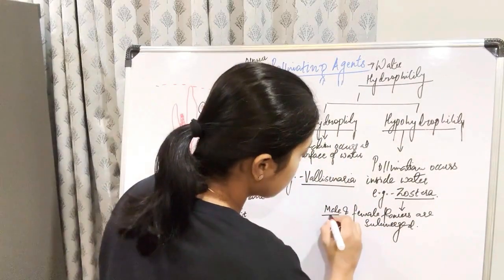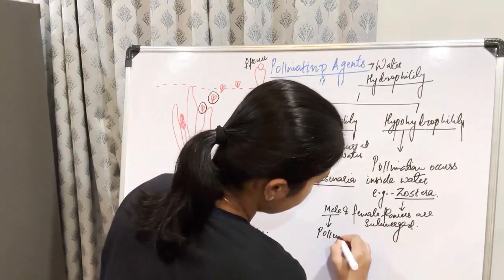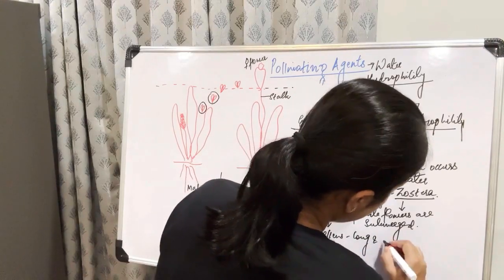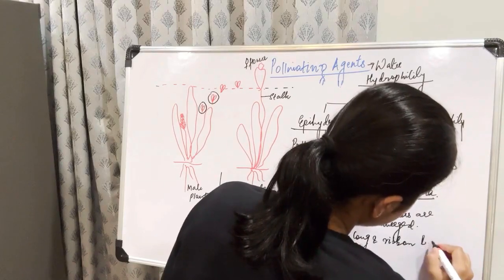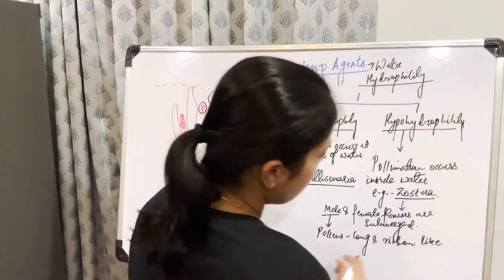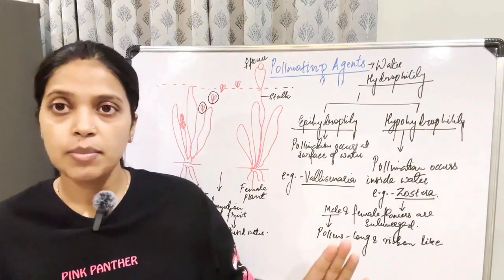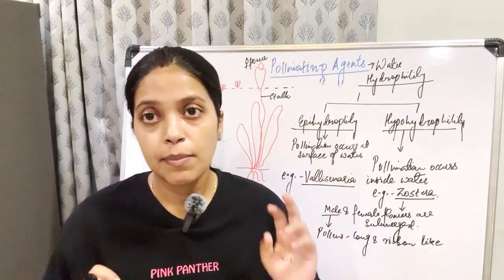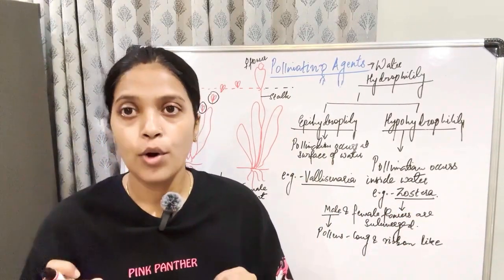The characteristic feature is that in the male flower, the pollens are long and ribbon like. They are carried by the water currents, and then they reach the female flower and bring about the process of pollination.